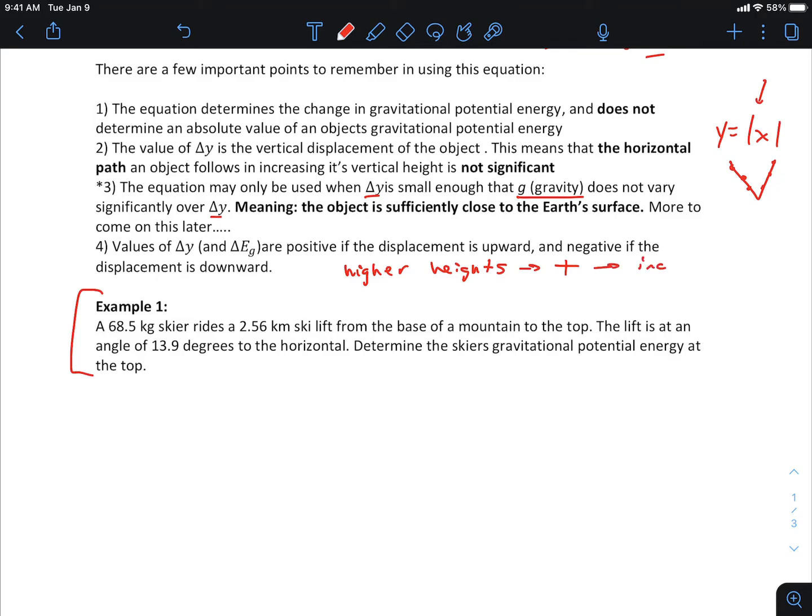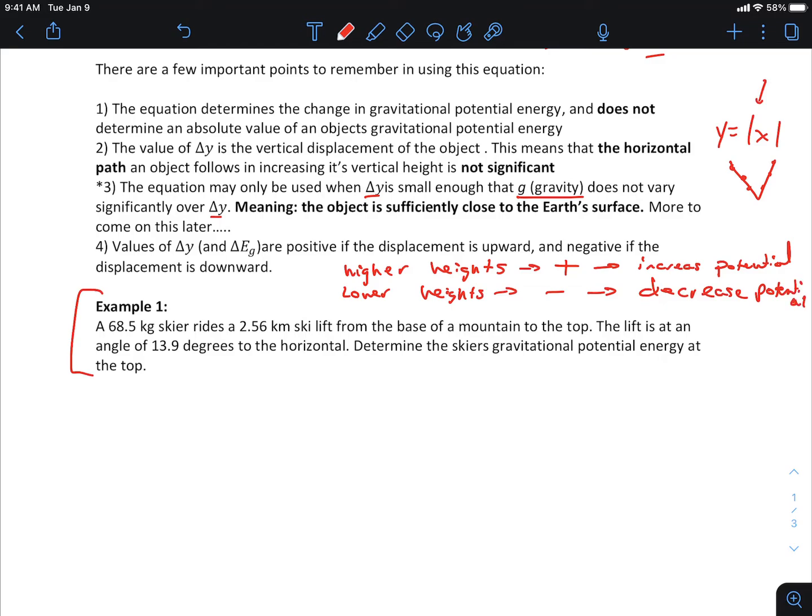So we increase potential. And if we go down to lower heights, they're negative, we decrease.